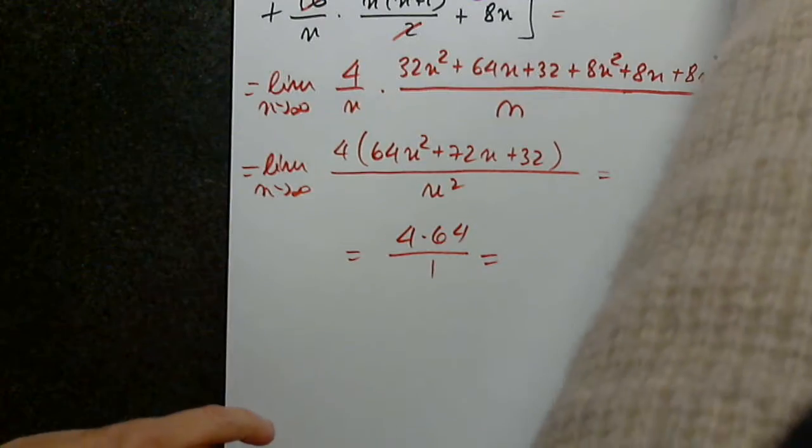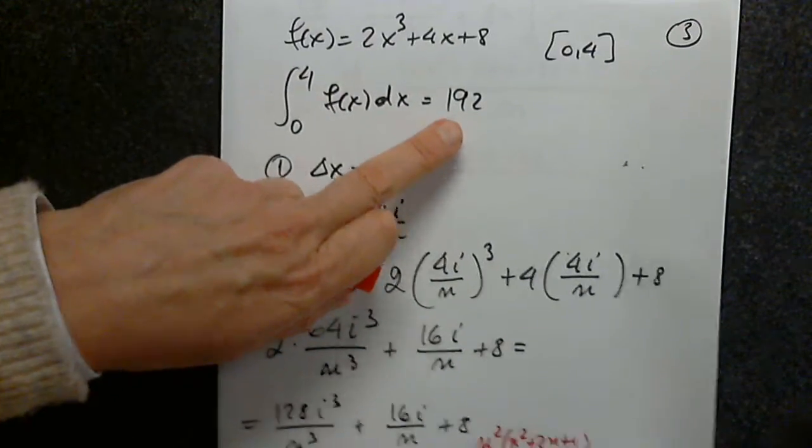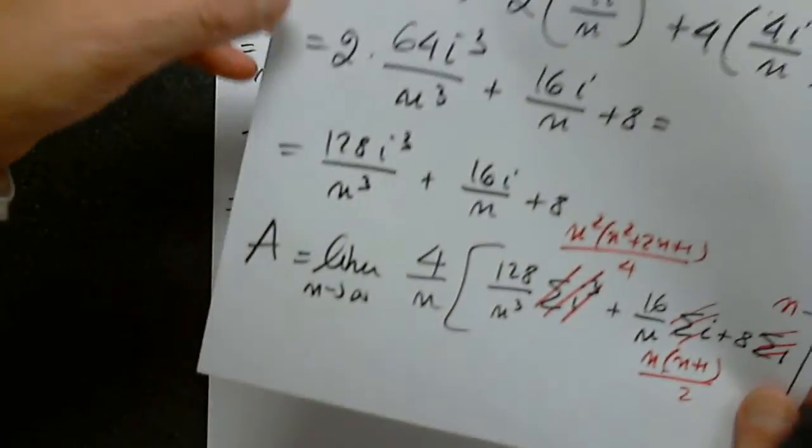So what did we get? We get 192 here, or 196? 192. It was 192? Yeah. I mean, even if it was 196, it's still too high.